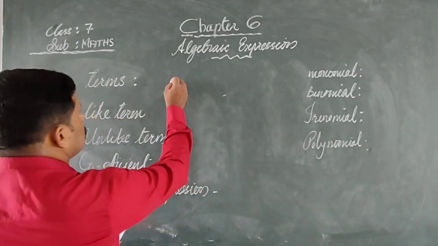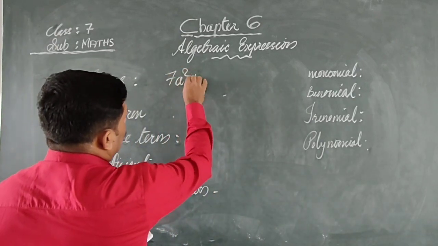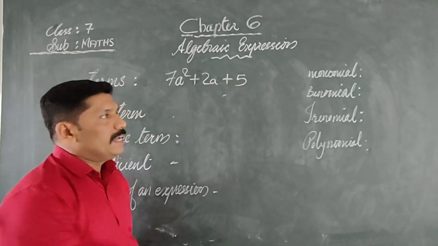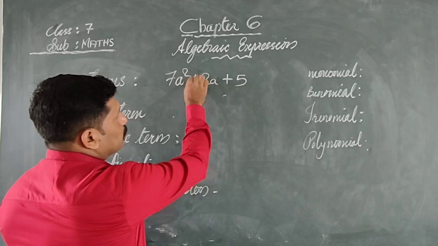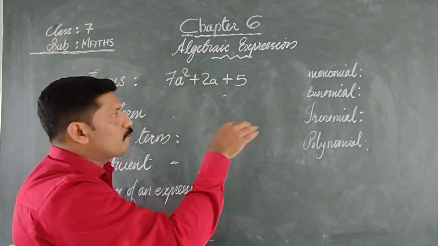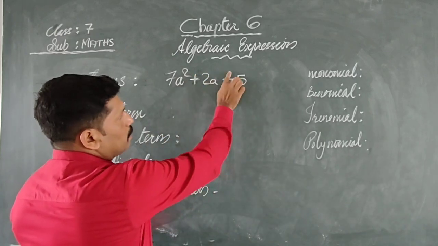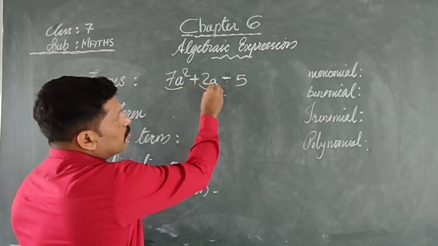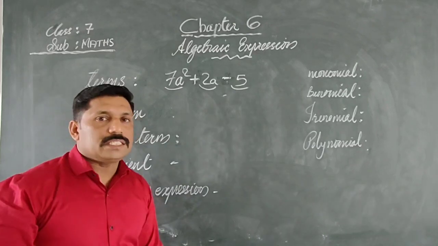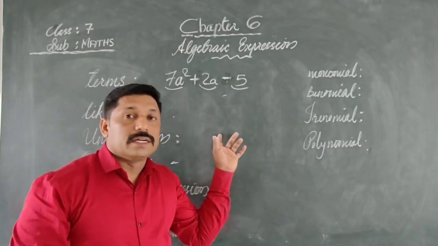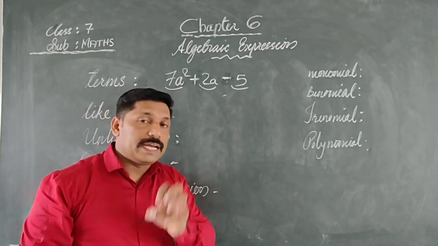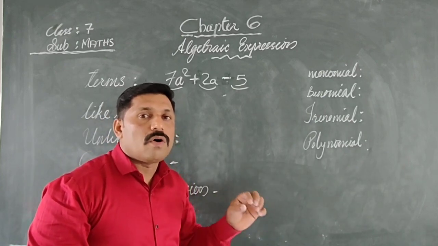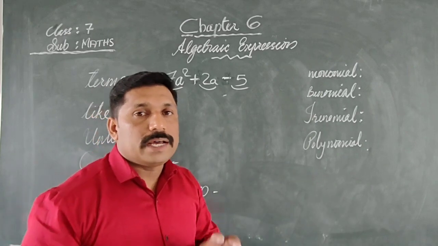For example, in 7a square plus 2a plus 5, the expression is separated into different parts using plus, or sometimes minus symbols. So here one part, here one part, and here one part. Each part is called a term of the expression.